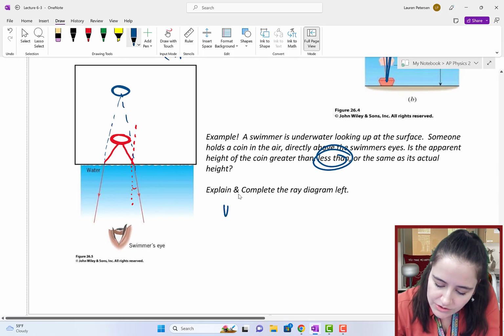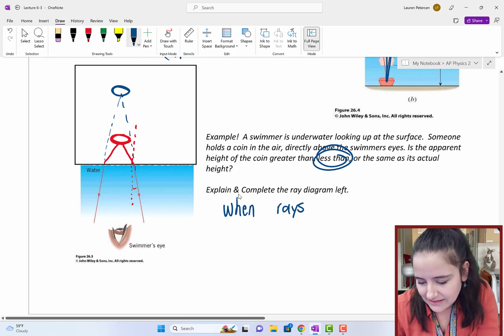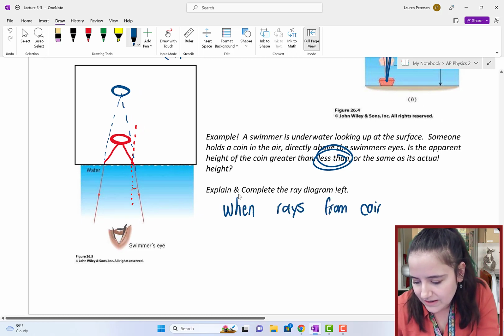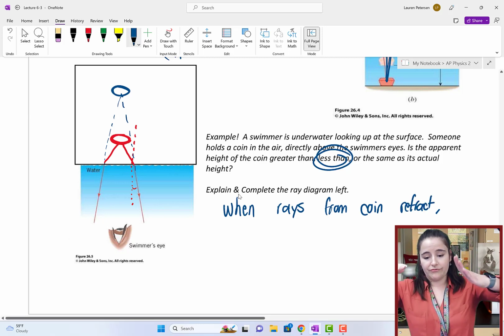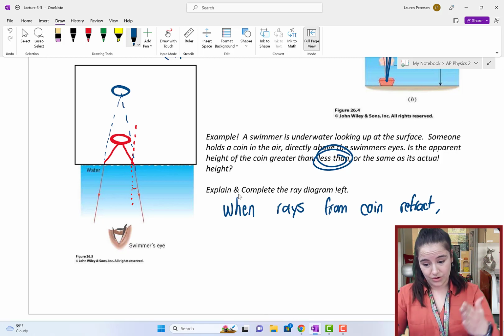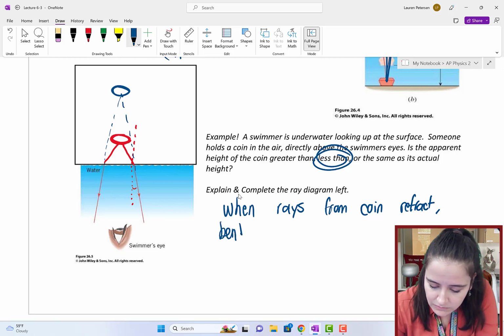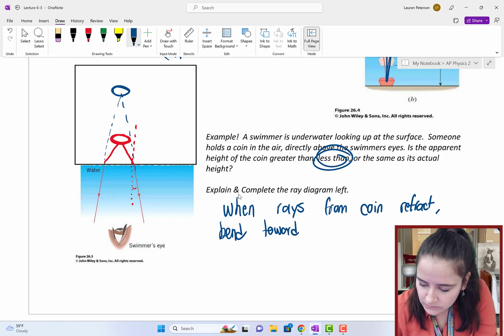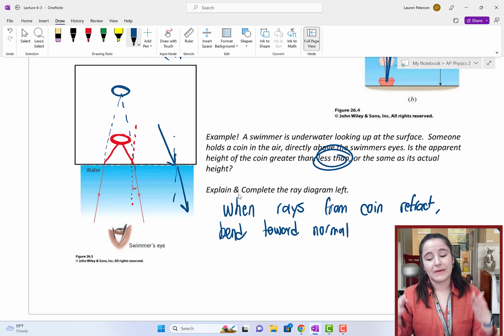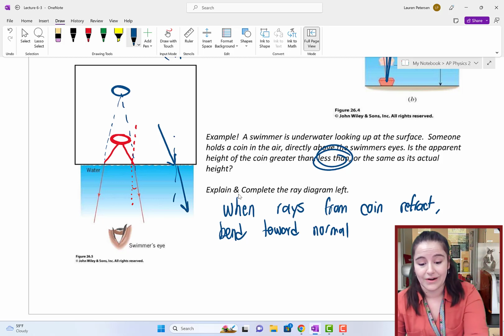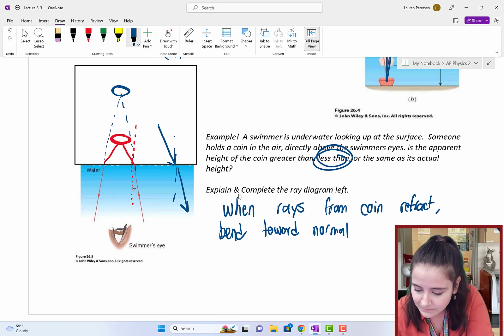Okay, so when the rays from the coin refract, they're going to bend toward the normal. Okay, so again, we have the coin. It's hitting this surface. If it's coming in at that angle, it will bend towards the normal, making us think that we're seeing it at a shallower angle.